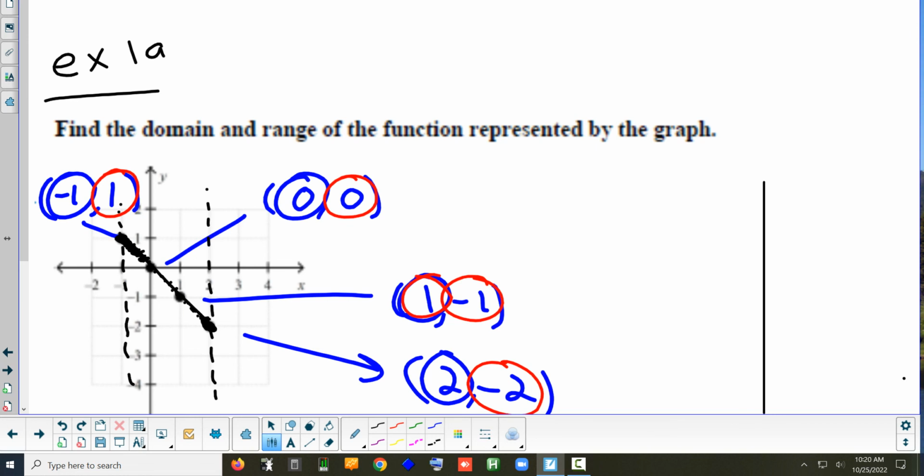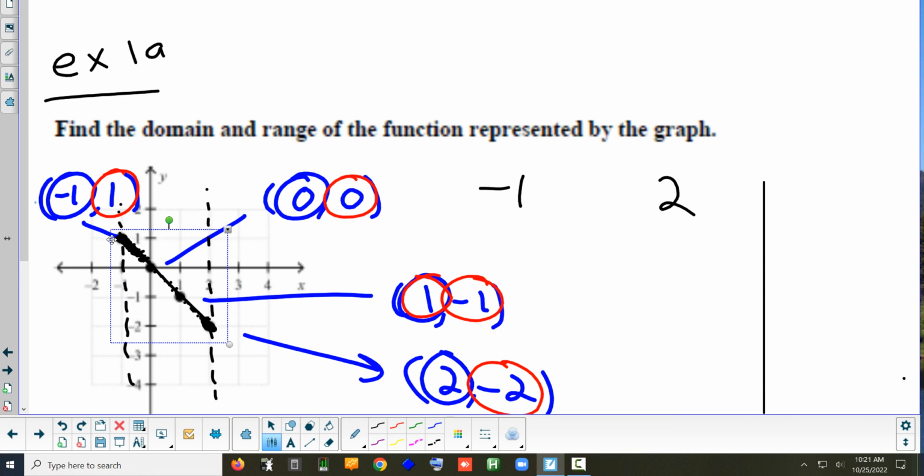The first dotted line is at -1, and the second dotted line is at 2. This graph will go through every single x value between -1 and +2. It'll go through 1.2, 1.3, 1.4, 1.57, 1.664. It's going to go through every single one of them.